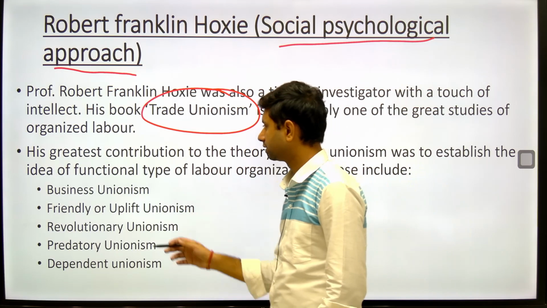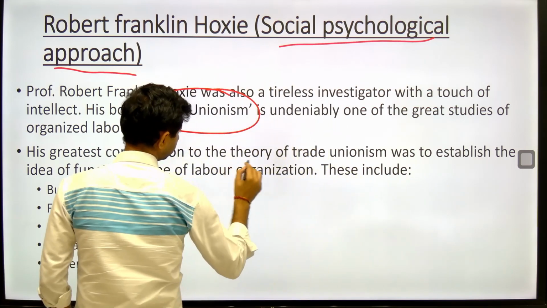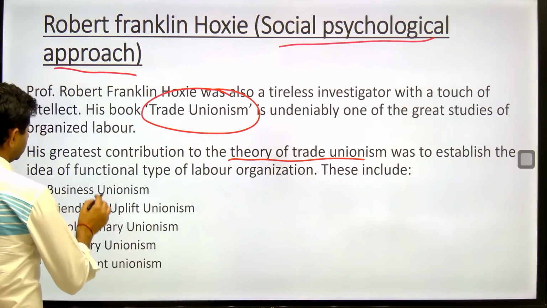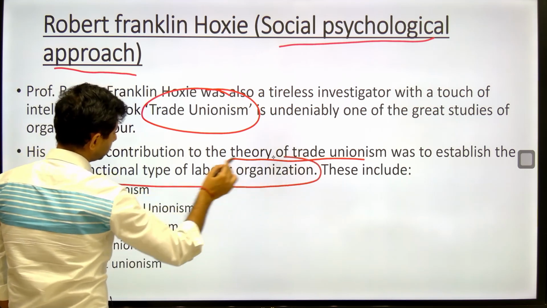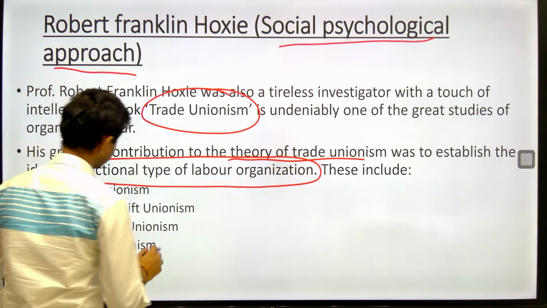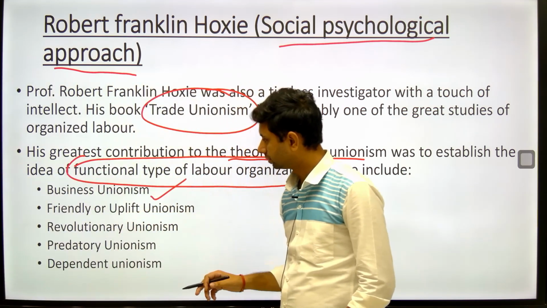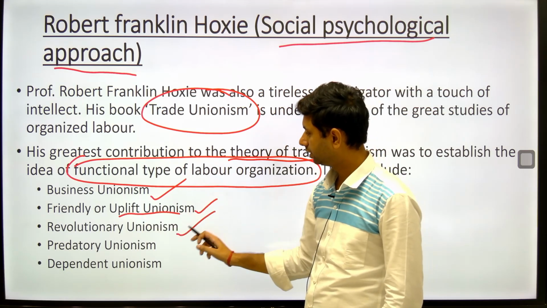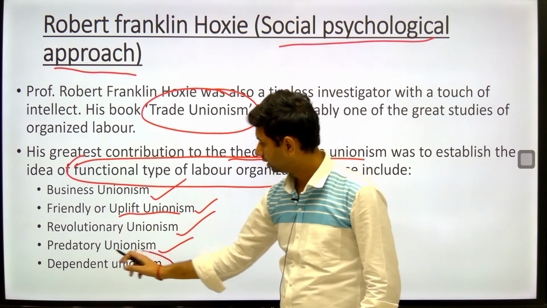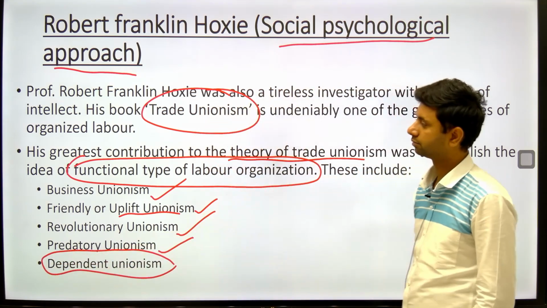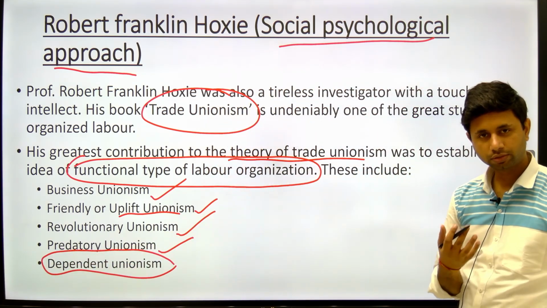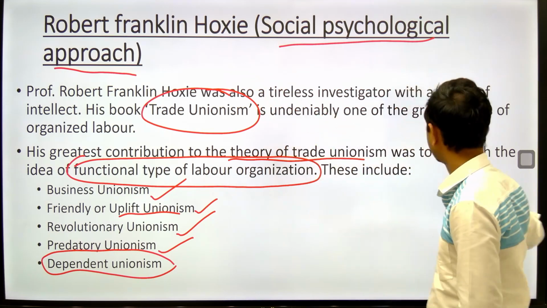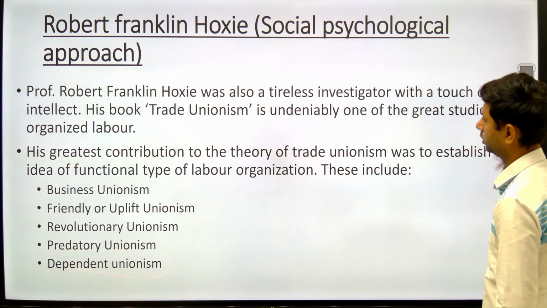His greatest contribution to the theory of trade unionism was to establish the functional types of labor organization. The first one is business unionism, then friendly or uplift unionism, revolutionary, predatory, and dependent unionism. So these 5 are the functional types that Robert Franklin Hoxie talked about.